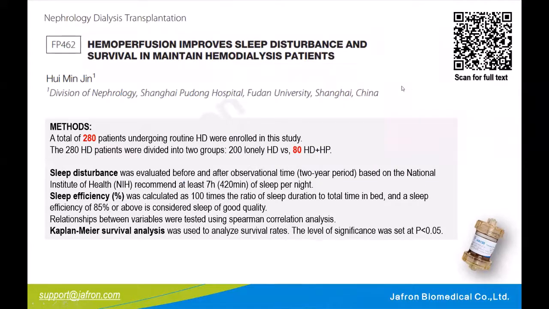The third publication was published as an abstract at a domestic academic conference, and it was about how hemoperfusion helped patients improve their sleep disturbance and also their survival in maintenance hemodialysis patients. So in total, there were 280 patients undergoing routine hemodialysis therapy, and 18 patients receiving hemoperfusion plus hemodialysis therapy.